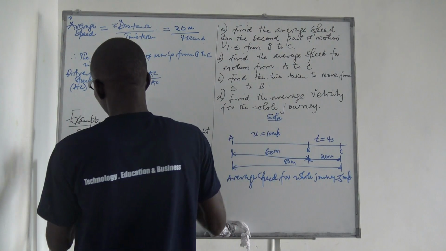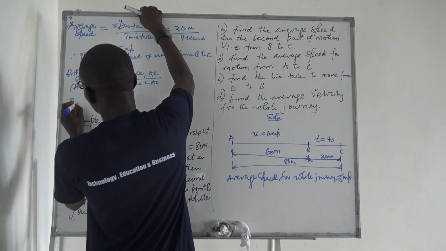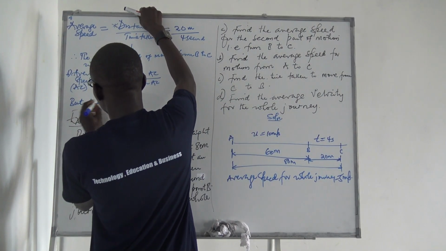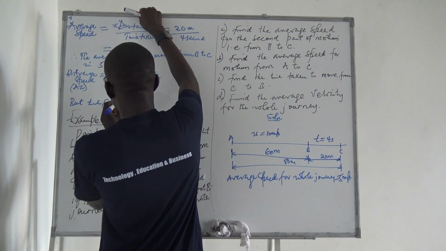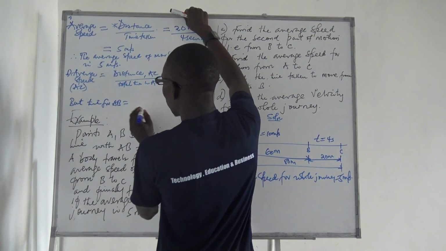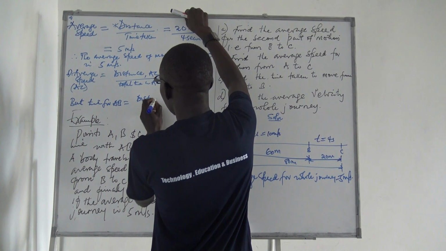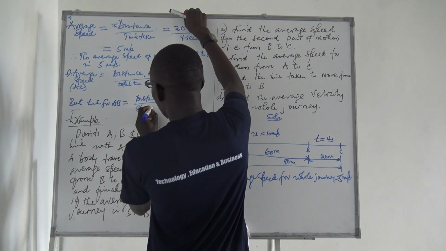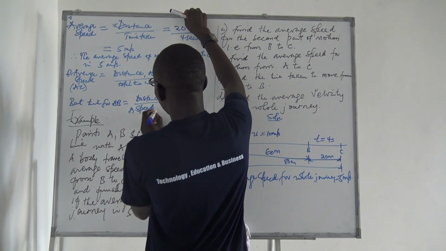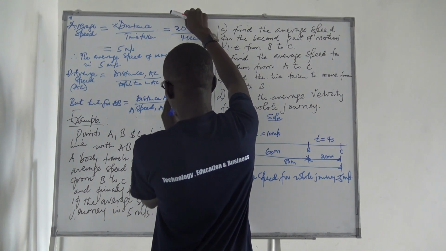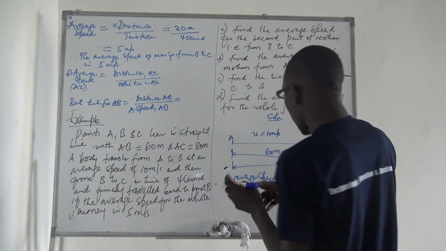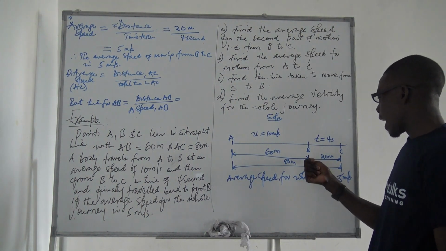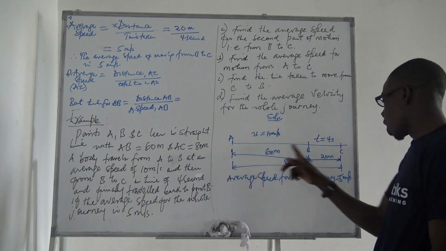So I should look at, time for AB should be equal to distance AB over the average speed in AB, to first know the time in AB, and then I add it to the other one to know the total time of AC.